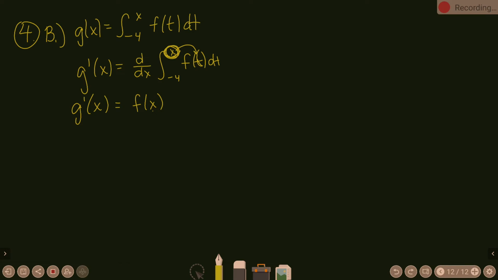So, we are looking for minimum values, right? So we're looking for when these pieces are essentially equal to 0. Well, our critical points are going to be when these are equal to 0. And we were on the interval -4 to 4.